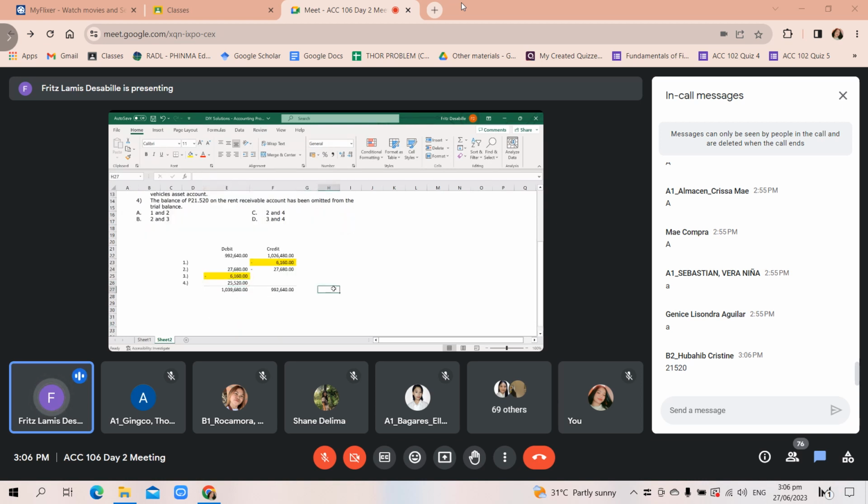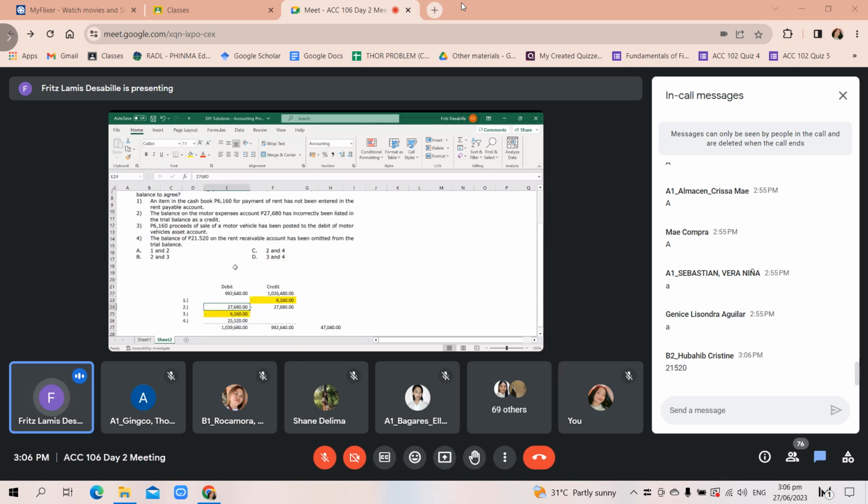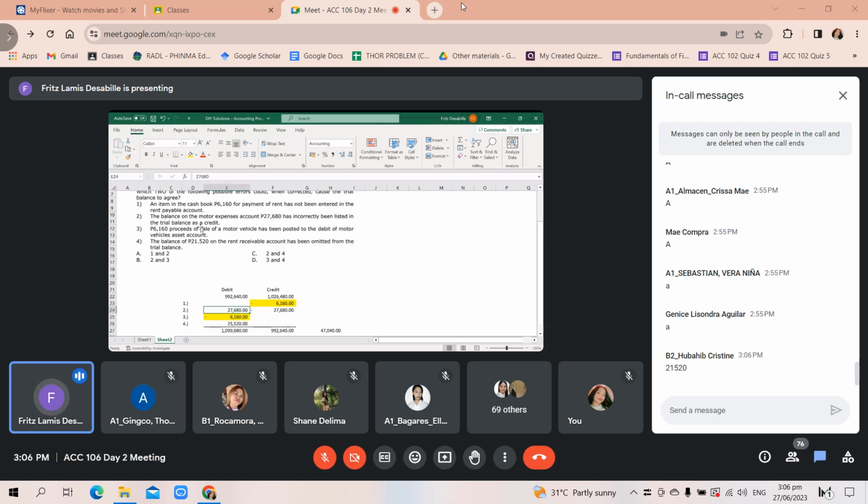What's the difference na ito, ba? Yeah, number 2, kay the balance on the motor expense account has been incorrectly listed in the trial balance as a credit. Nasayop siya og butang as credit. So to correct that, mag-minus ko diri, mag-add ko.